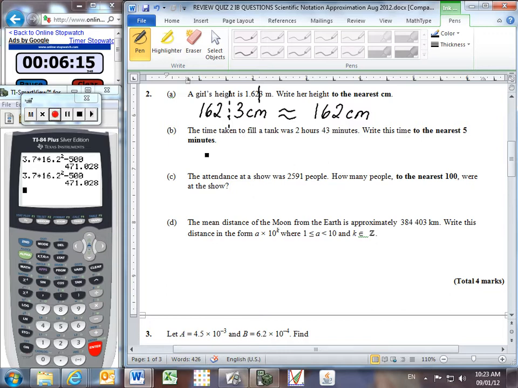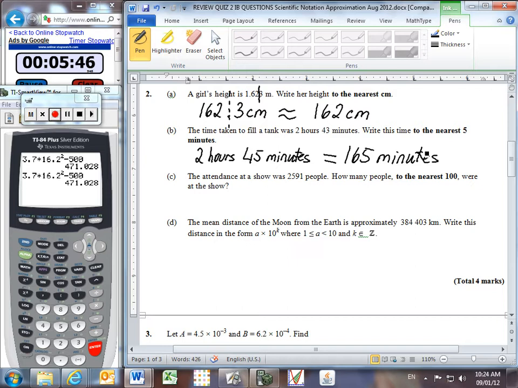And so if we're going to round this to the nearest 5 minutes, we'd have 2 hours and 45 minutes. And I suppose that you could also write this in minutes. We know there's 60 minutes in each hour, so that must make 120 minutes in 2 hours, plus 45 minutes is a total of 165 minutes. I'm guessing that IB will accept either of these answers, but we'll see in a minute.